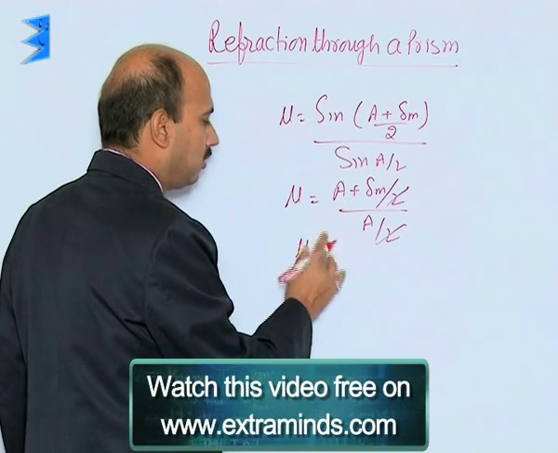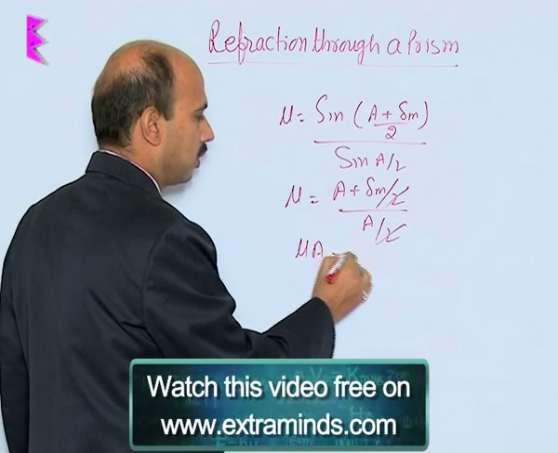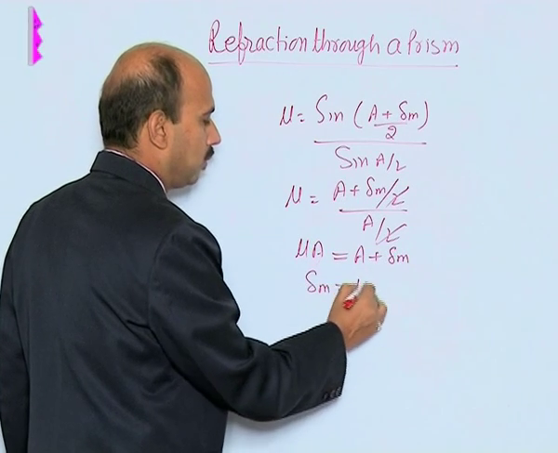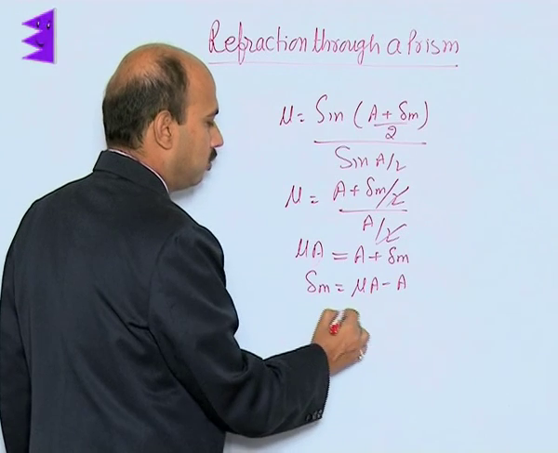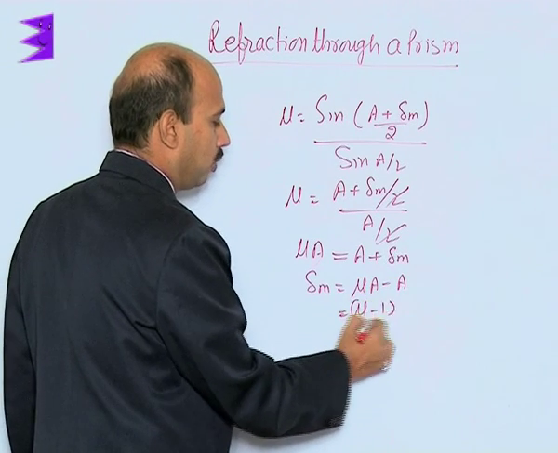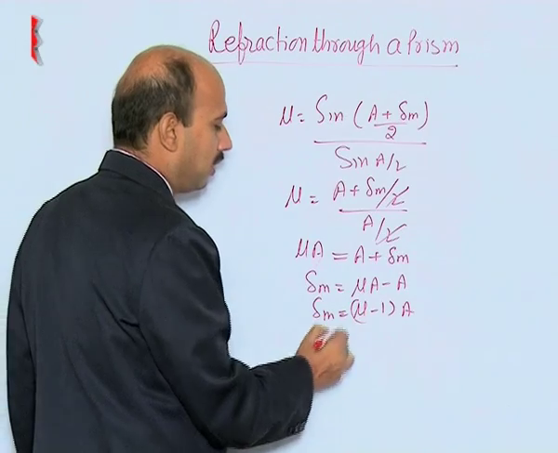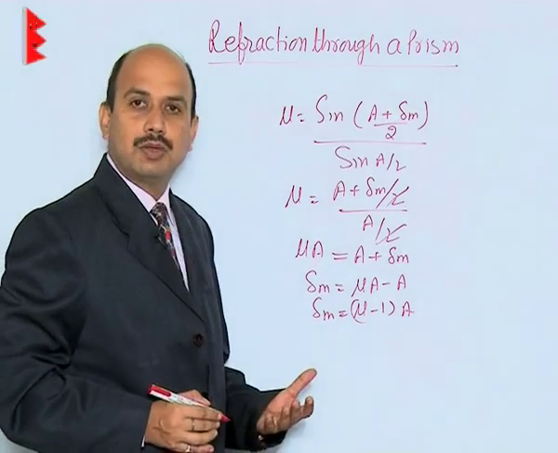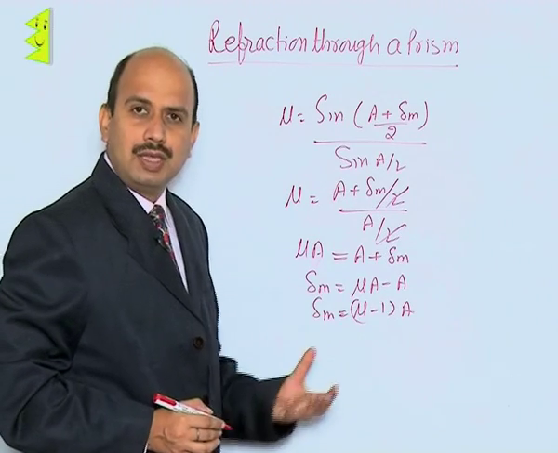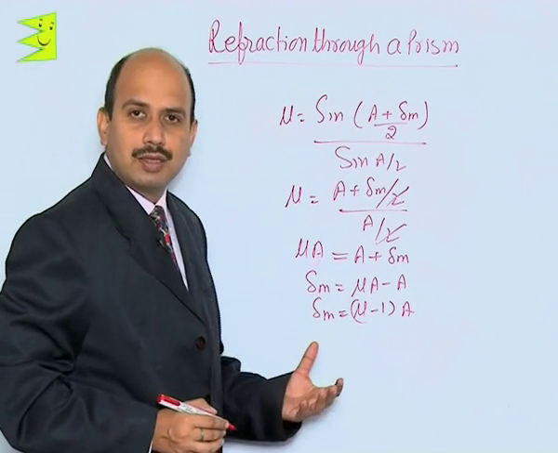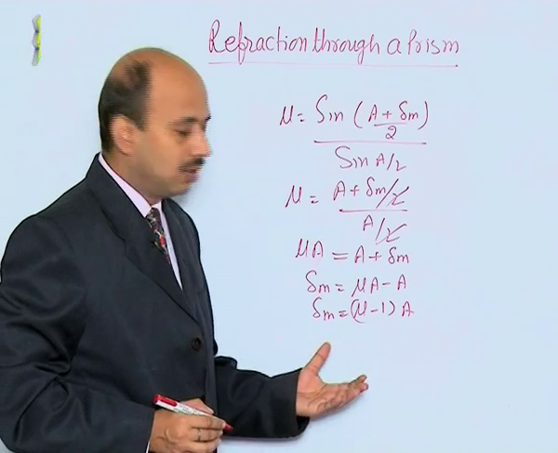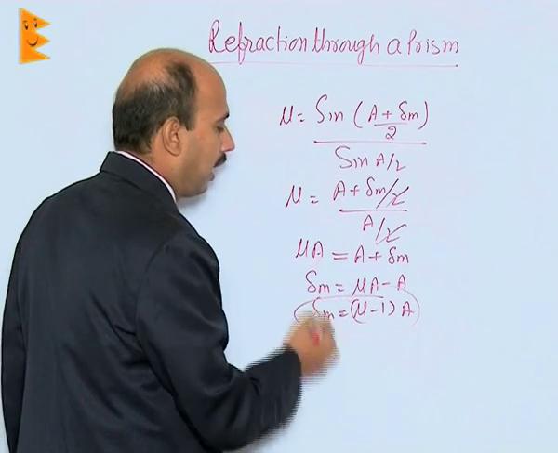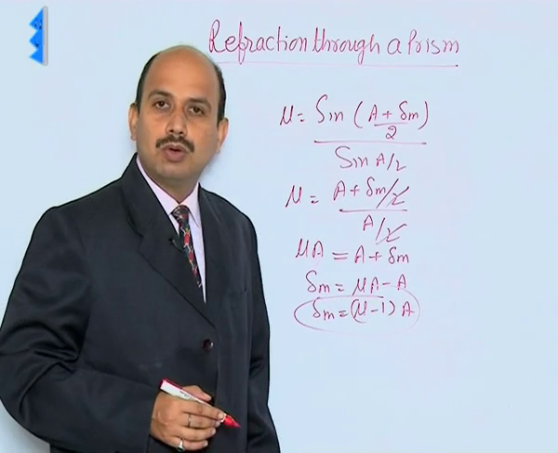So mu A is equal to A plus delta M. So delta M is equal to mu A minus A, so mu minus 1 into A. Here mu is the refractive index of the prism with respect to air, that means refractive index of glass with respect to air. So for a thin prism or for small angles, the deviation is least, we can see it from this formula. So for small angles we can use delta M is equal to mu minus 1 into A.